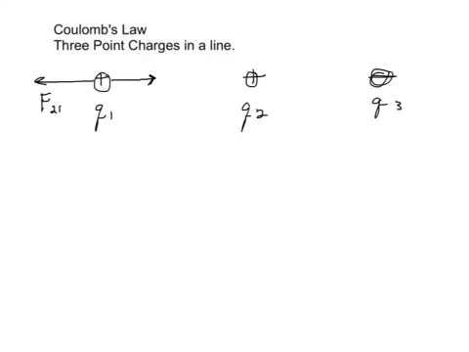And I'm going to draw this arrow a little bit smaller. Actually, it should be much smaller. Let me erase that and go back and redraw it, because according to this it should be quite a bit smaller. So I'm going to just make a very short arrow, and that would be the force of 3 on charge 1.